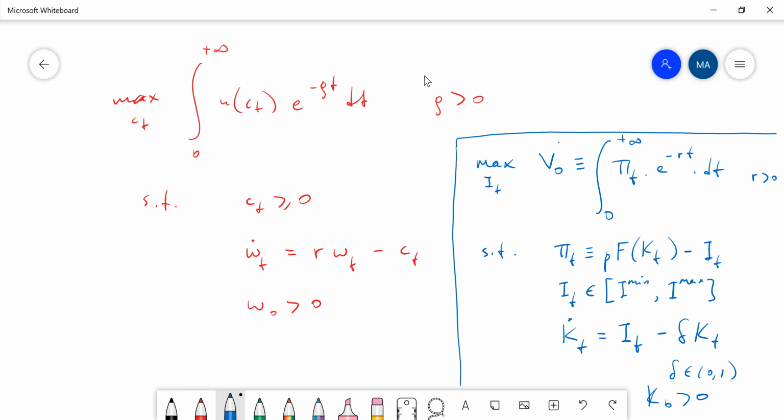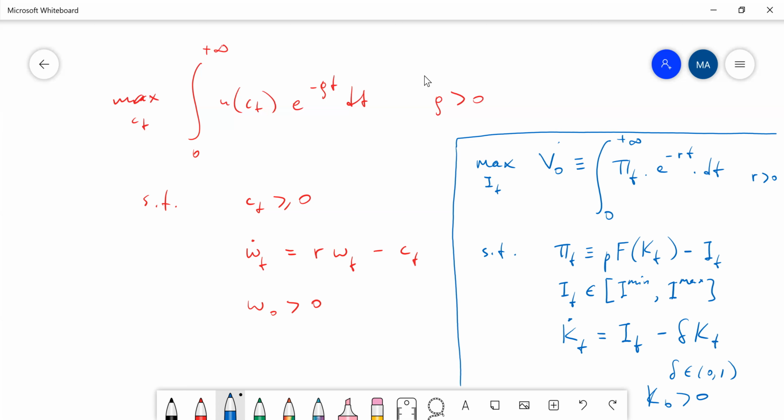If I do not invest much today, if I keep my investment low, what do I have? I have a larger profit today. But if I increase my investment, I have a lower profit today, but larger production tomorrow.